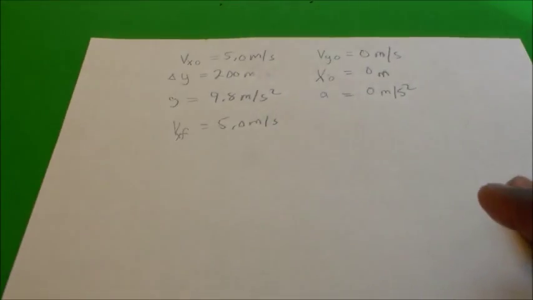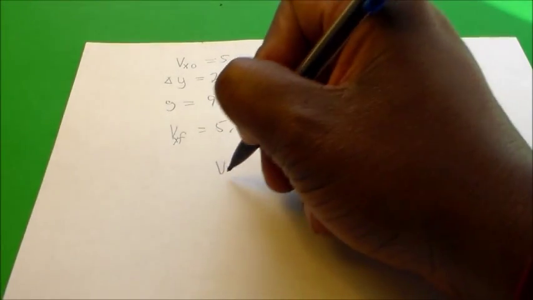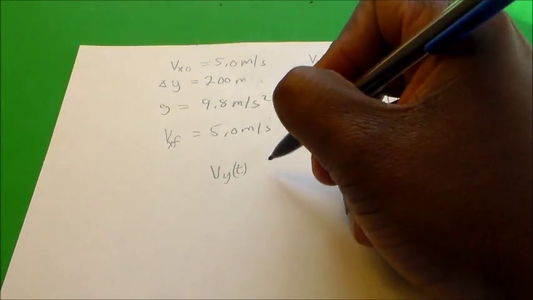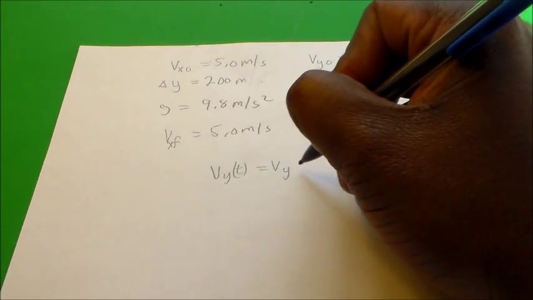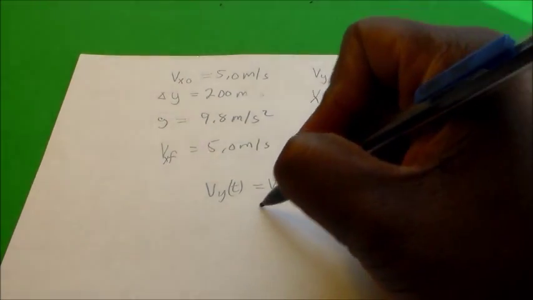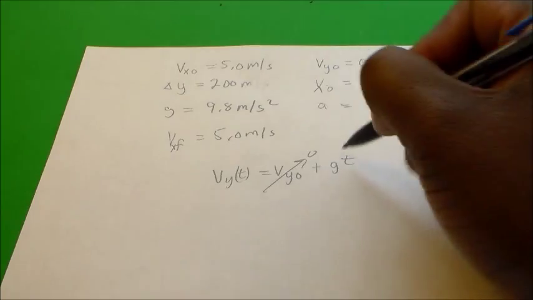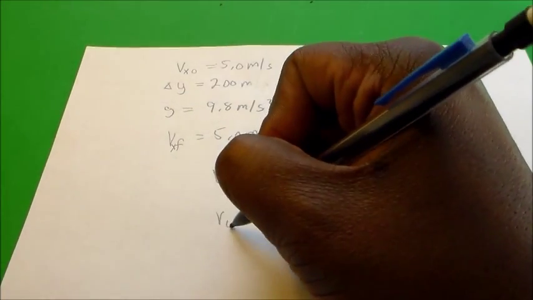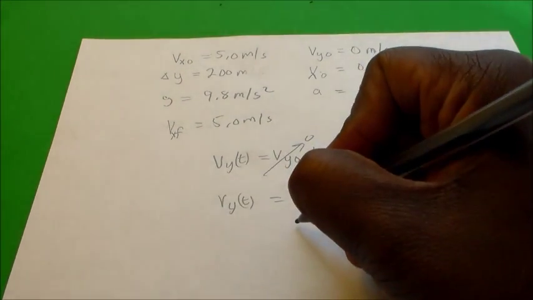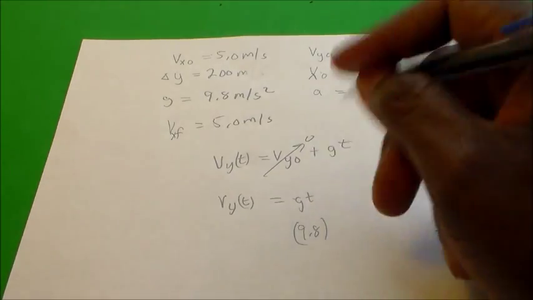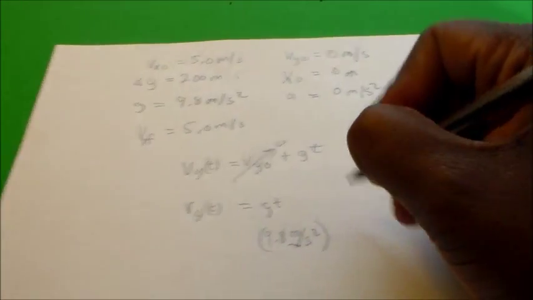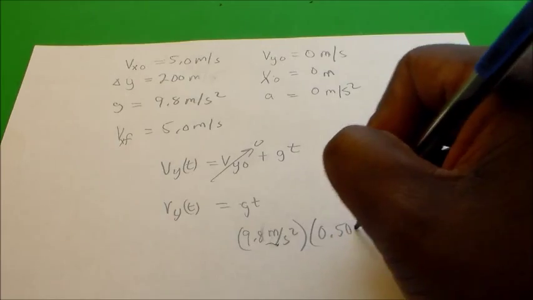So let's go ahead and find that velocity and rewrite the equation. We know that in the y direction, at some given instant in time, writing this as a function of time, Vy of t is equal to, according to our kinematic equations, Vyo plus gt. Well, we know that the initial velocity in the y direction is equal to 0, and therefore we have Vy of t equal to gt. We know that the magnitude of g is 9.8 meters per second squared, and we know that the time is 0.50 seconds.